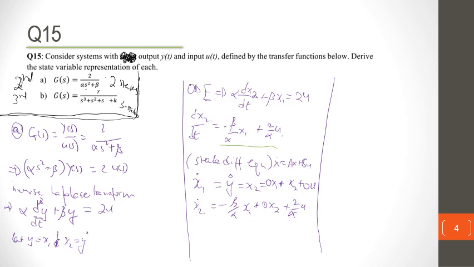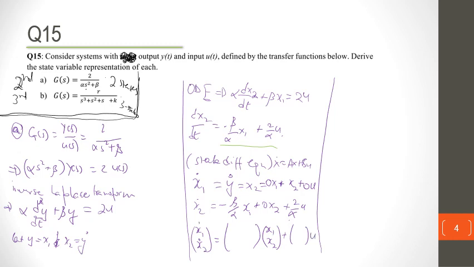So we can rewrite this as x1 dot, x2 dot equal to a matrix times x1, x2 plus a vector times u.